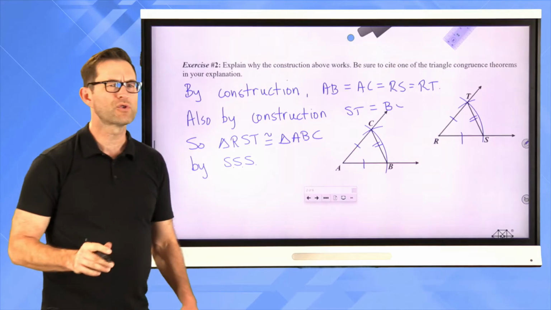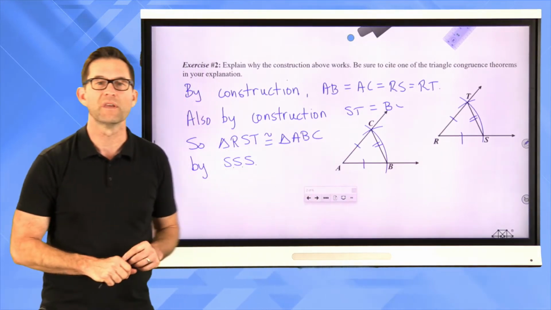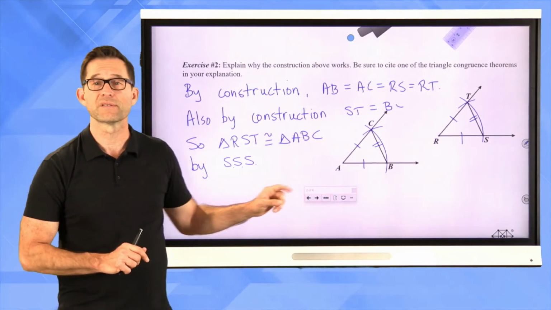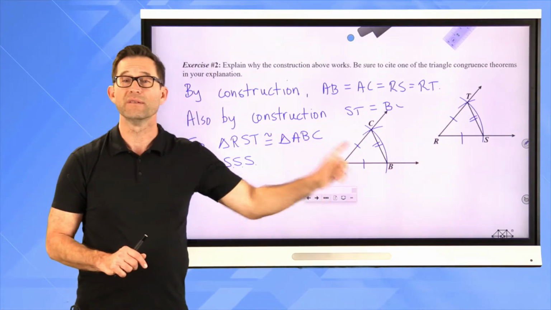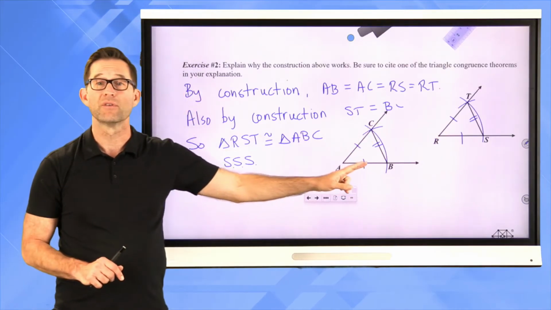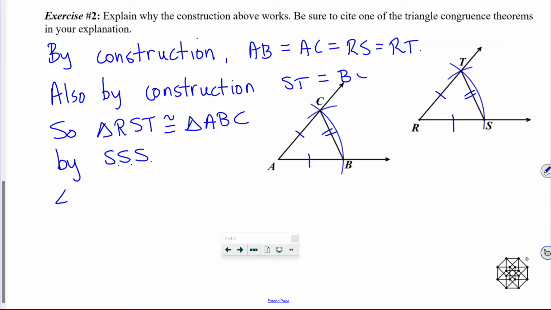Now, remember, I'm trying to justify why angle A and angle R must be congruent to each other. All I've done here is justify why RST must be congruent to ABC. But of course, as soon as I know that that triangle is congruent to that triangle, then I know that angle R must be congruent to angle A by CPCTC.